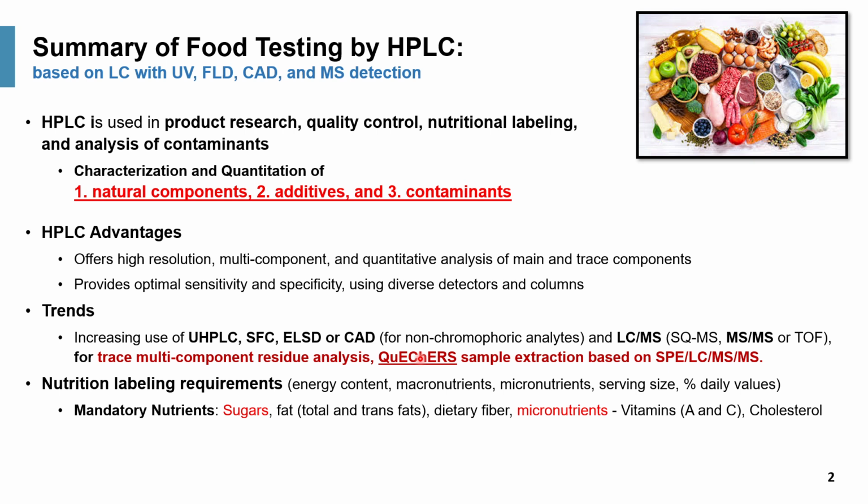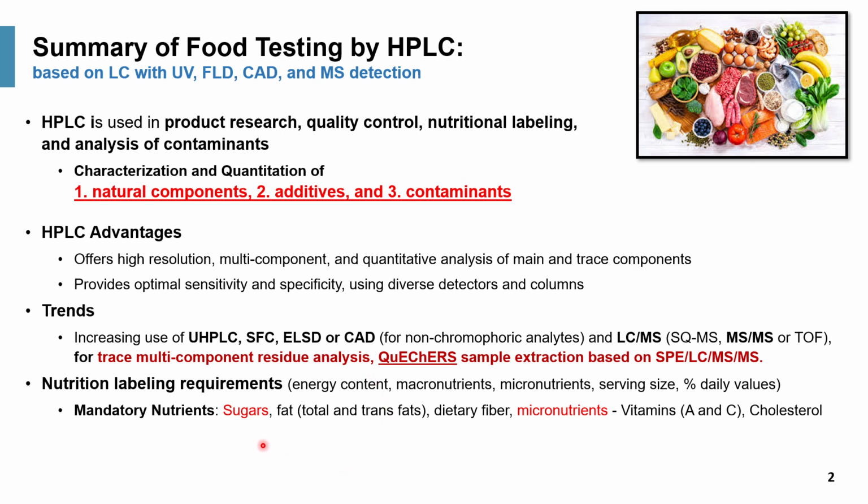And obviously, the increasing use of LC mass spec, particularly triple quad or high-resolution mass spec such as TOF. Another big trend is the use of QuEChERS, which we will explain later, the acronym for quick sample extraction and easy and cheap separation for sample prep.